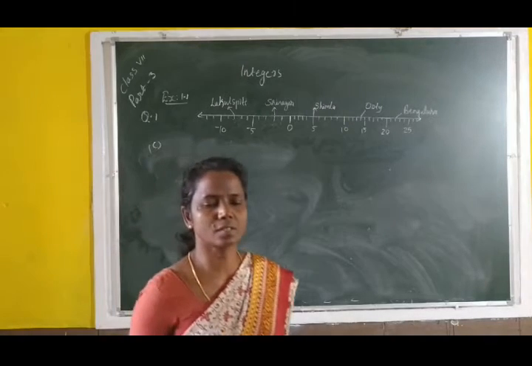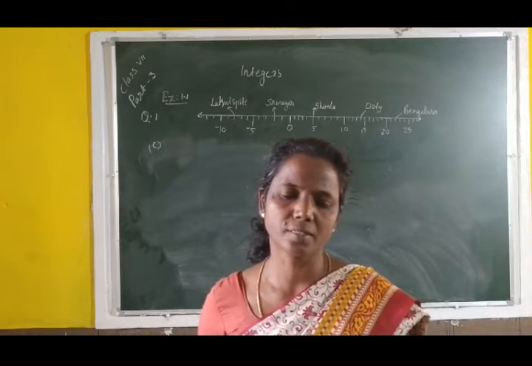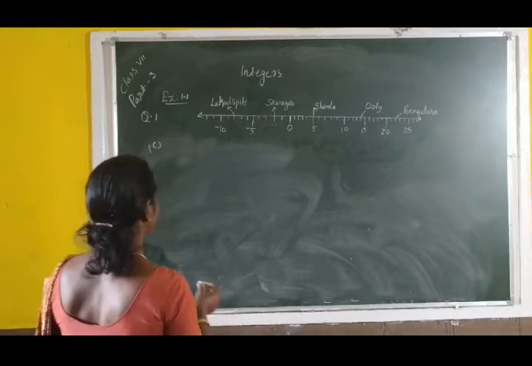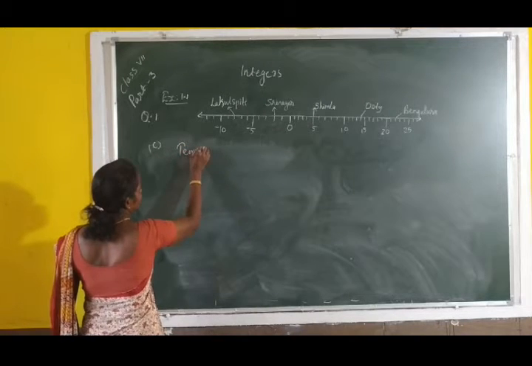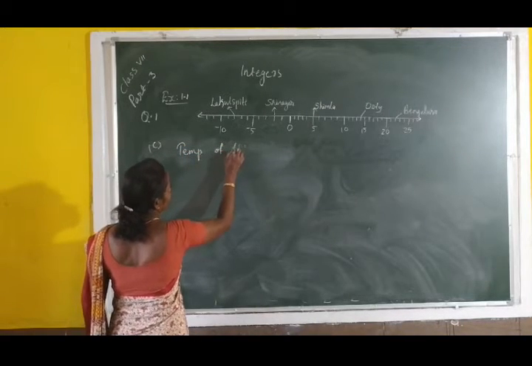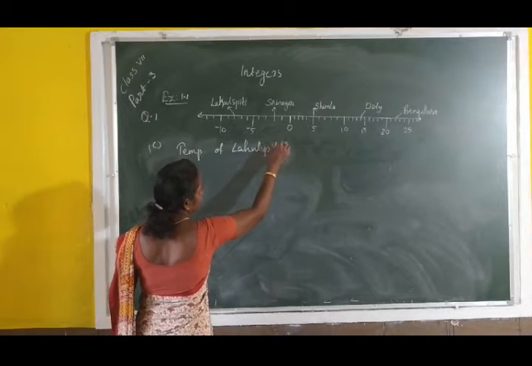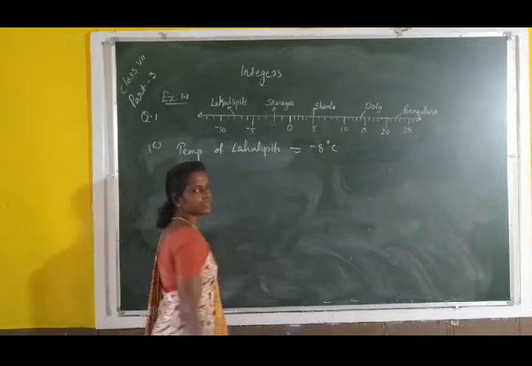Question: look up. What is the temperature difference between Lehuspadi and Srinagar? Temperature of Lehuspadi is equal to negative 8 degree Celsius.